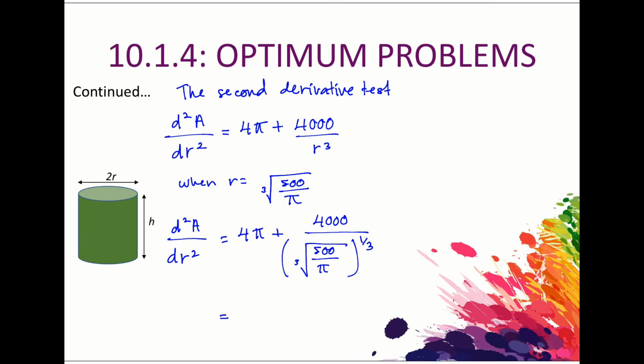So that gives us 4 pi plus 8 pi, which is equal to 12 pi. And 12 pi is greater than 0. Hence, we can say that that value of r would give the minimum value for A.